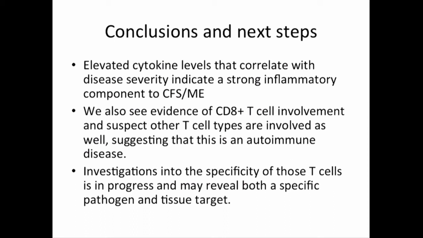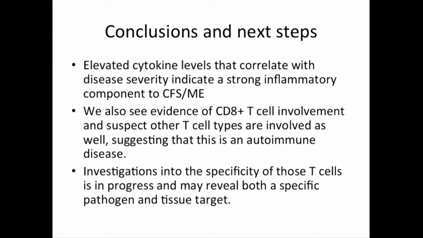If it's an autoimmune disease, you'd expect that this originally was against some pathogen peptide, but that it cross-reacts with some self-peptide, maybe in the microglia, maybe somewhere else. So anyway, this is where we are right now.